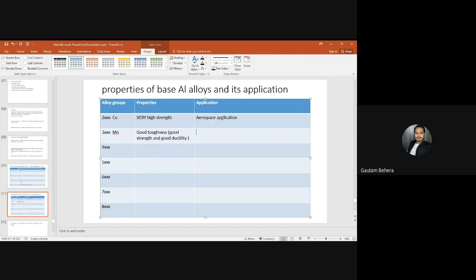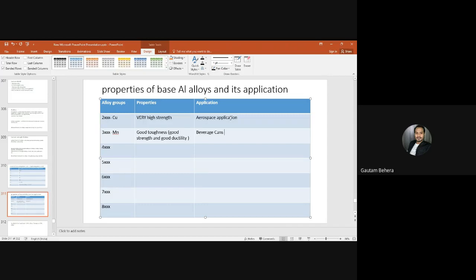You people prefer to have a beverage, like Coca-Cola or Thums Up or any soft drinks, right? So the main application is making beverage cans. Beverage cans are made of this aluminum manganese alloy, because of high toughness and good ductility, we can deform it.